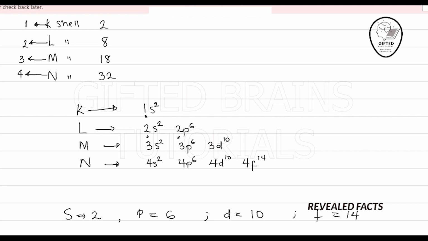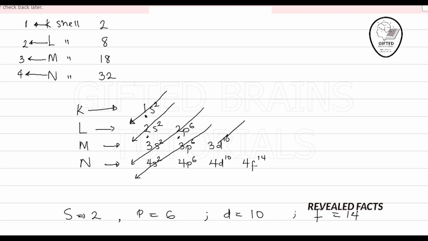But I want you to remember clearly that the electronic configuration of any element is not arranged in this format. The Aufbau principle tells us the order of increasing energy level. We move from 1s to 2s. After 2s, we move to 2p and then 3s. After 3s, we move to 3p and then 4s before 3d.